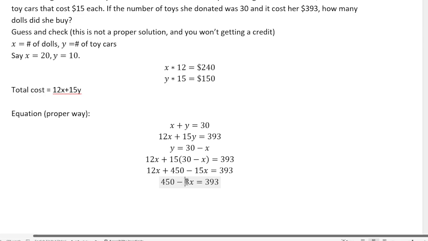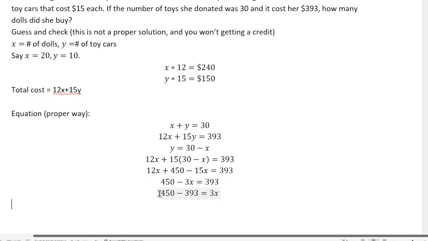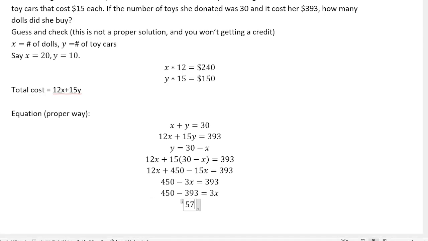And then because 12x minus 15x is negative 3x, it will be 450 minus 3x equals 393. And let's add 3x to the other side while subtracting the 393 on this side. So you get 450 minus 393 equals 3x. Now, what is 450 minus 393? That's 57. So you get 57 equals 3x.